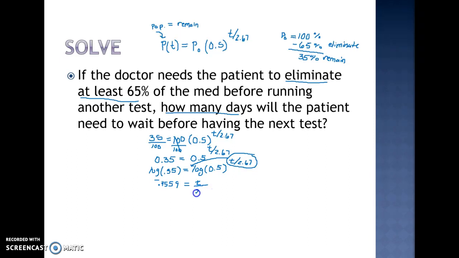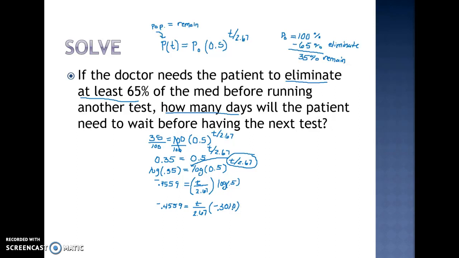And so we have t over 2.67, and that is times the log of 0.5. And so then my next step is to figure out what is the decimal for log of 0.5. So negative 0.4559 equals t over 2.67. And I'm typing on my calculator log of 0.5, and I get negative 0.3010.